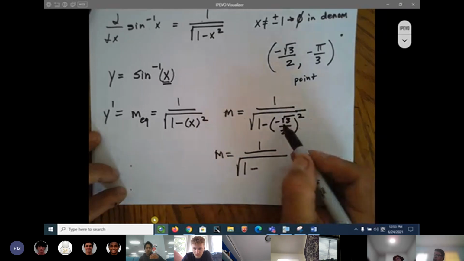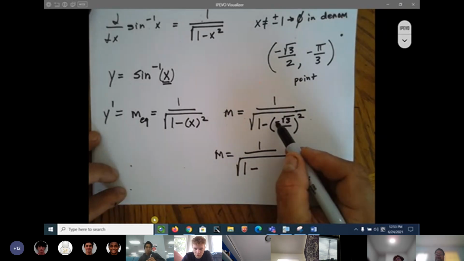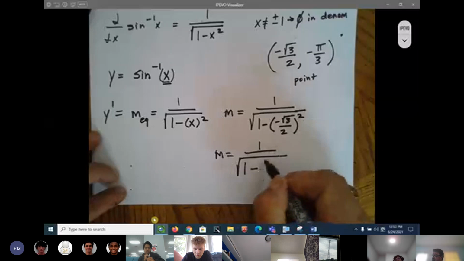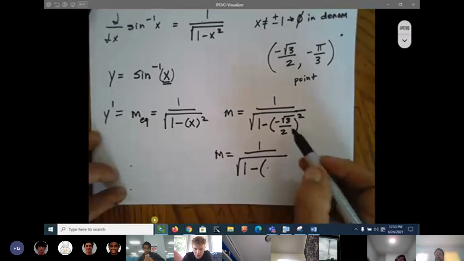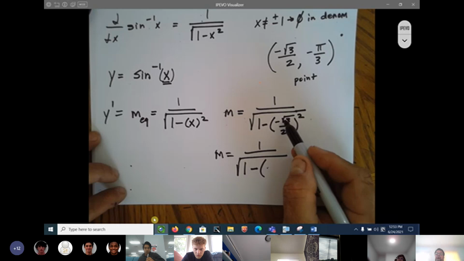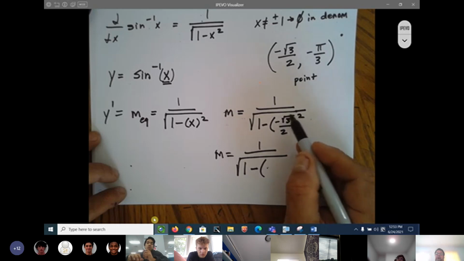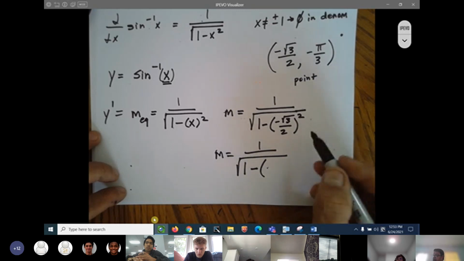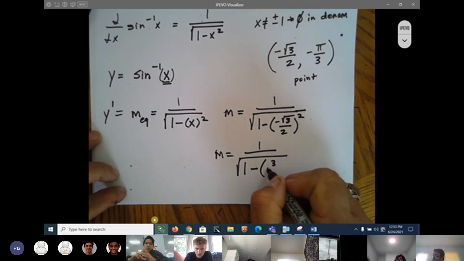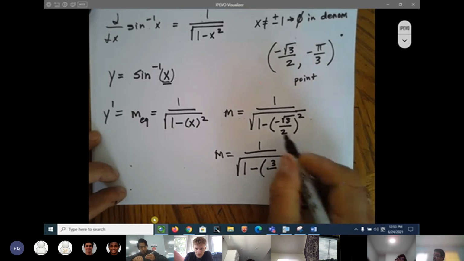minus, well, what is the square root of 3? Well, negative times negative is positive, so the answer is going to be positive inside the parentheses. What happens to the radical when you square it? It cancels. And you get 3. And 2 squared is 4.